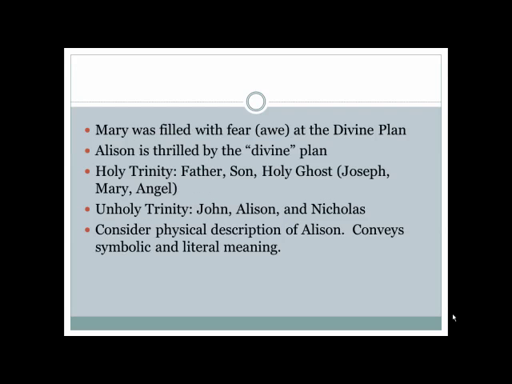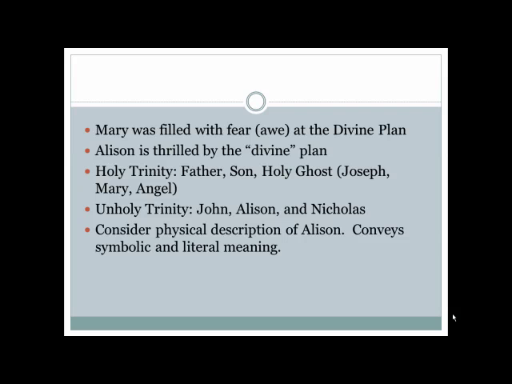Whereas Mary, the Virgin Mary, was filled with awe at being chosen to be part of God's plan, Allison is thrilled to be a part of Nicholas's divine plan to outwit her husband.